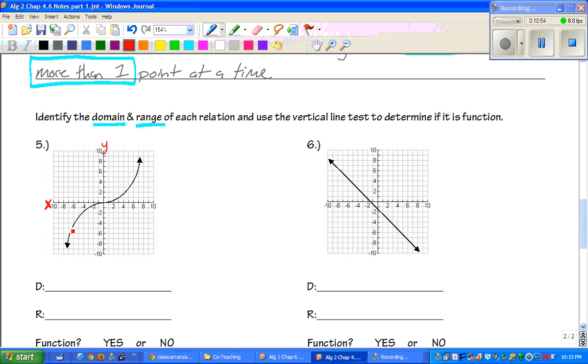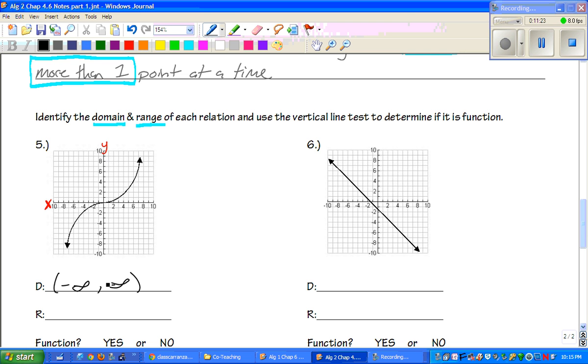So this line, is it ever going to stop? No. Okay, that's what the arrows are for. So it goes to negative infinity, and then to the right, all the way this way, it's going to keep going, okay? It's not going to stop. Even though it's going up, it's going to keep going up and out. So it's going to be negative infinity to positive infinity.